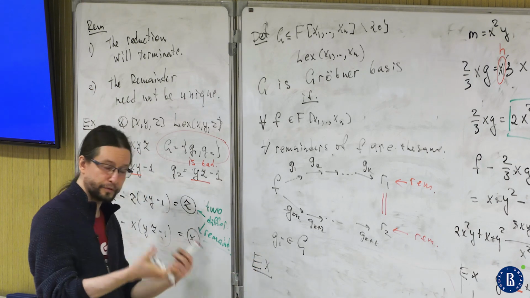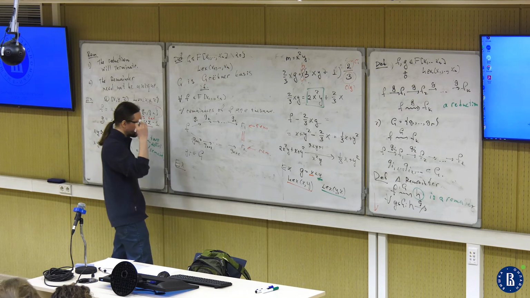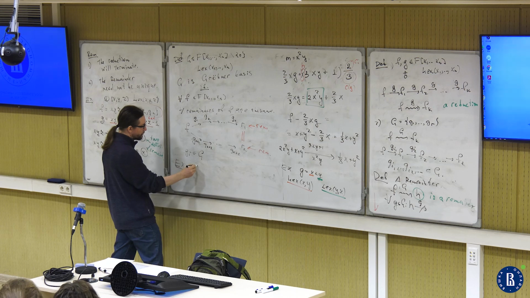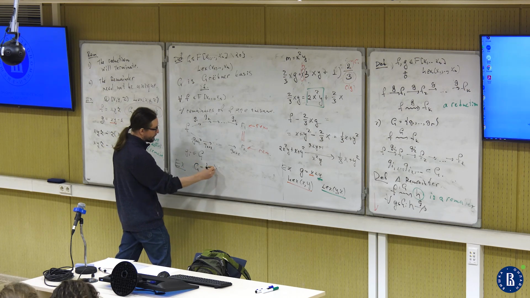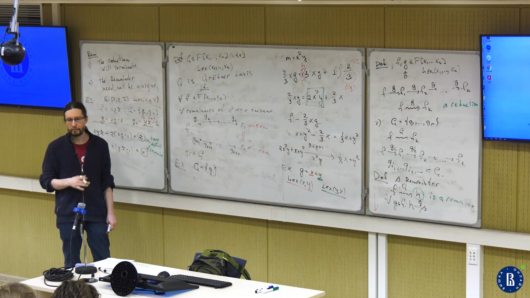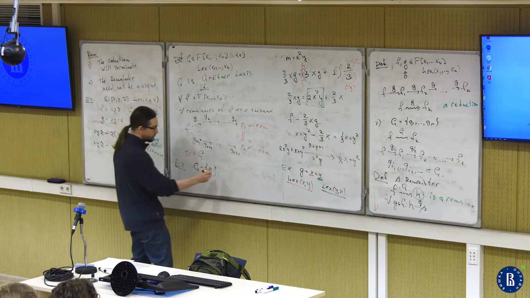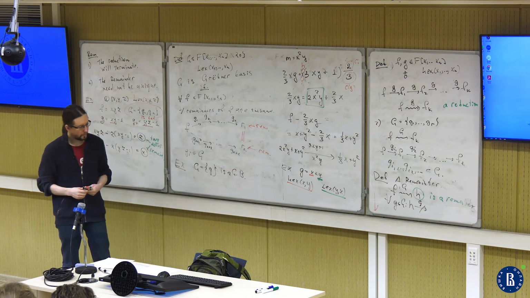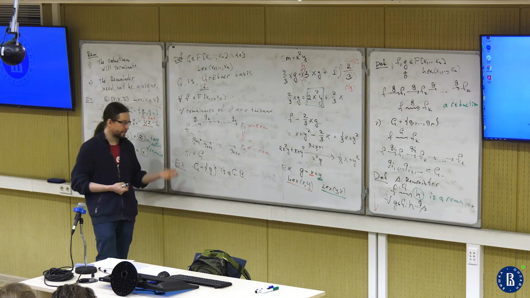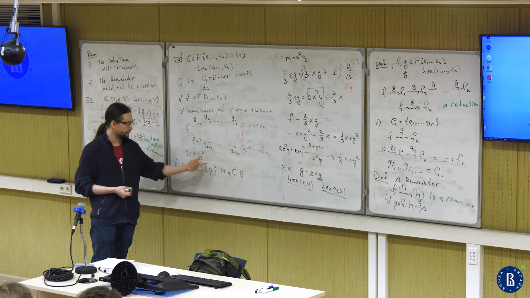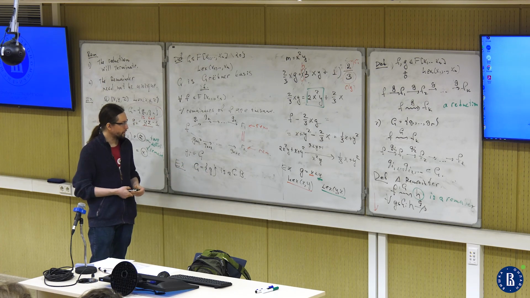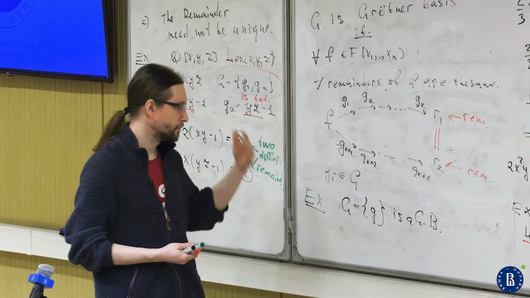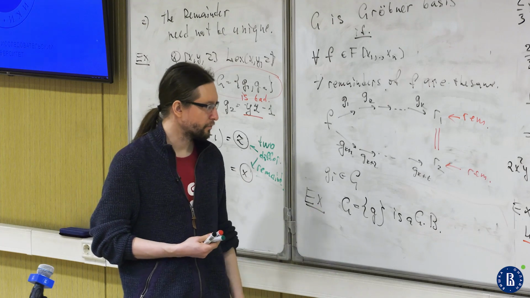And an example of a Grobner basis, well, I cannot prove it now, but I will be able to, probably during the next lecture, that if we take a set containing just one polynomial, it will always be a Grobner basis. Well, there are examples of Grobner bases containing several polynomials, but I think it doesn't matter what they are now, because we don't know the criterion for a subset being a Grobner basis.